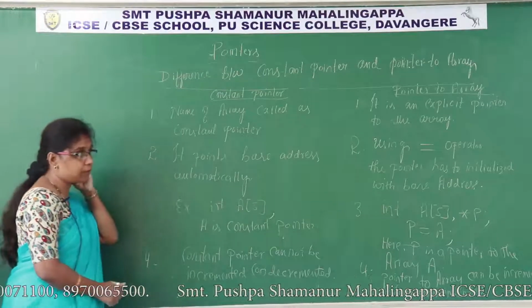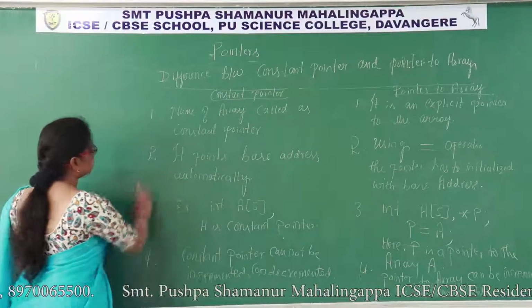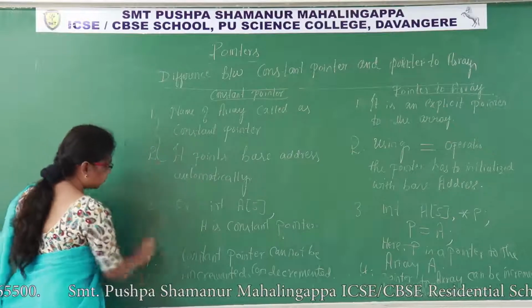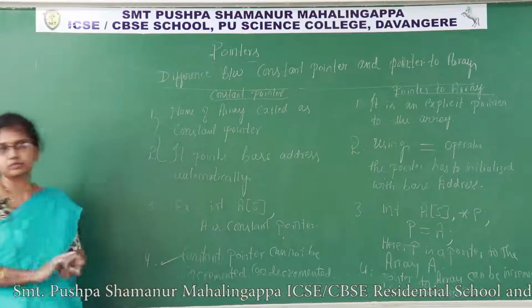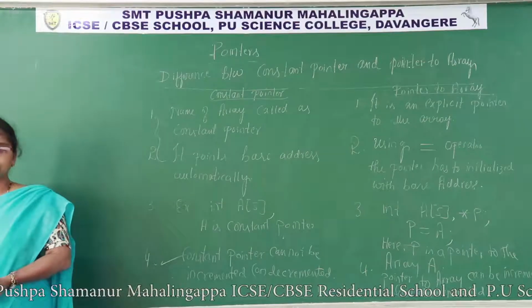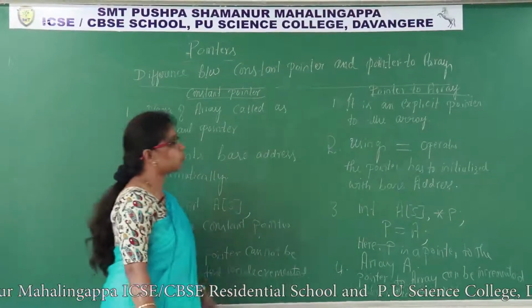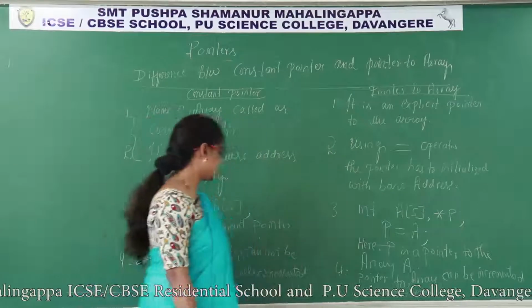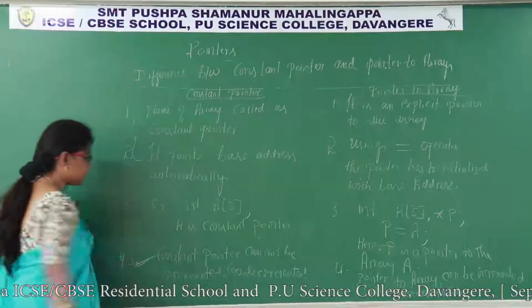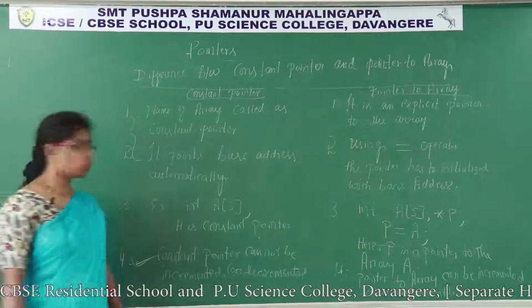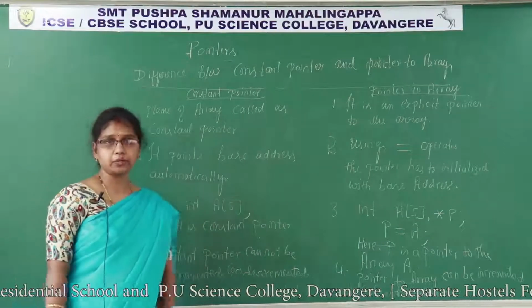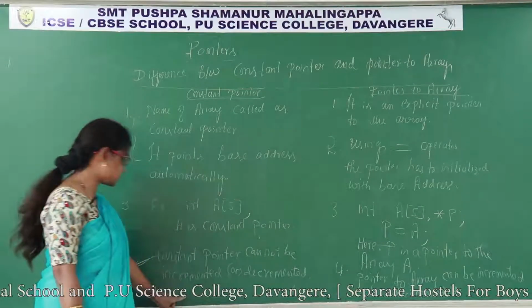So these are the points. When they ask for 3 marks, you have to write these 2 points and this point. These are the differences between constant pointer and pointer to array. If they ask you to write any one difference for 1 mark, you must write this point.